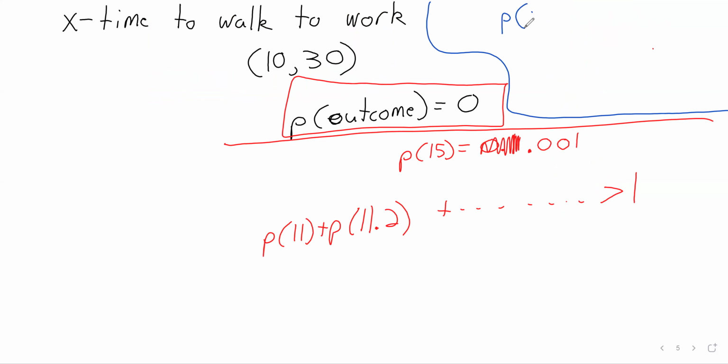But we could talk about the probability that it takes me between 13 and 17 minutes and say that that's close to 1, say 0.95. Again, we can't say the probability of being 15, but we can talk about the probability of being around 15.